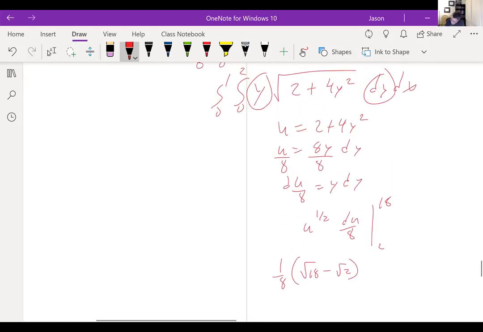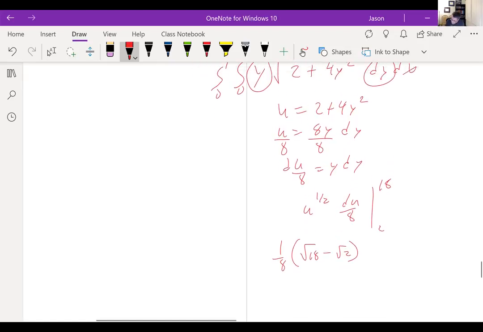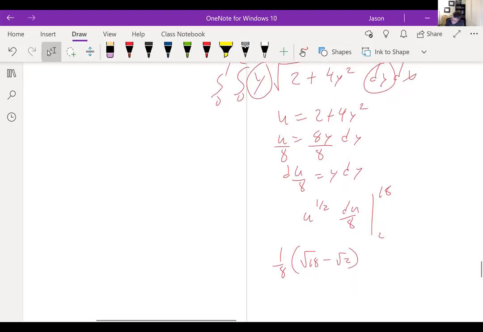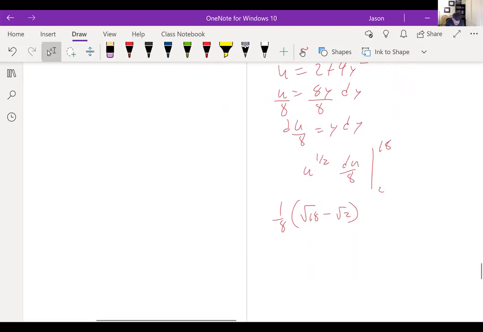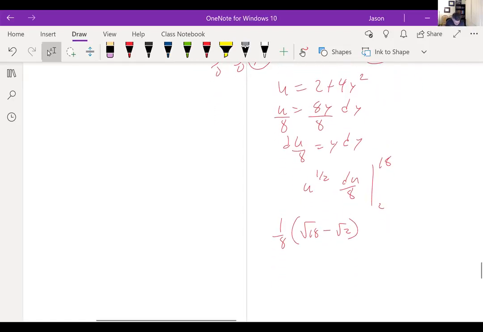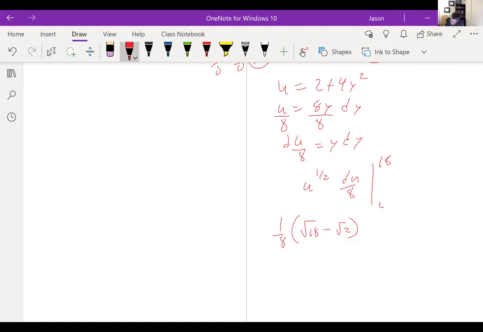There are no x's in this problem. I can simplify this even more: 18 is 9 times 2, so this is 3 radical 2 minus radical 2. That's kind of cool. No, this is wrong.